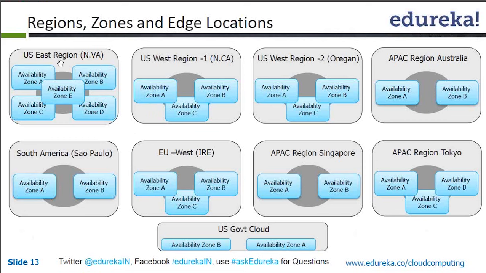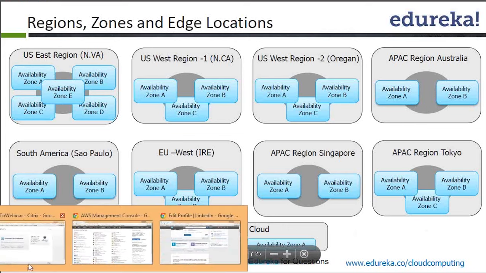Zone 1 will be independent of zone 2, in terms of power supply, air conditioning, internet connectivity, security, everything. Even the maintenance service providers will be independent of each other. So even if one zone completely goes down for any reason, the other zone will be available. Basically it will be used for high availability.